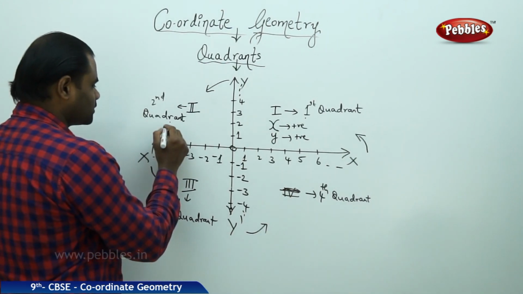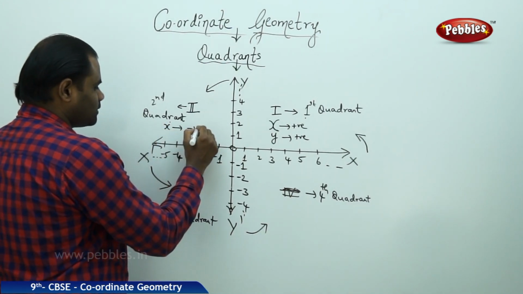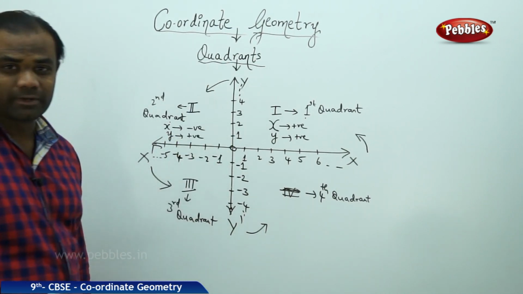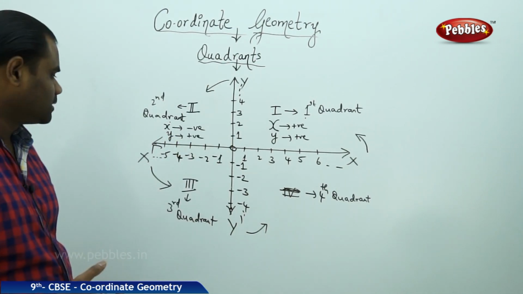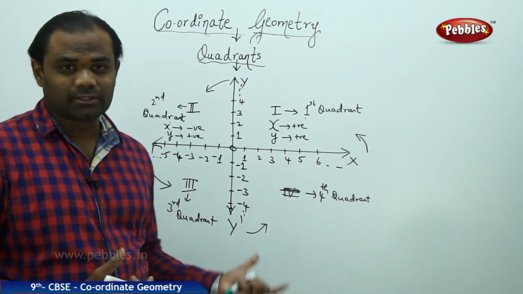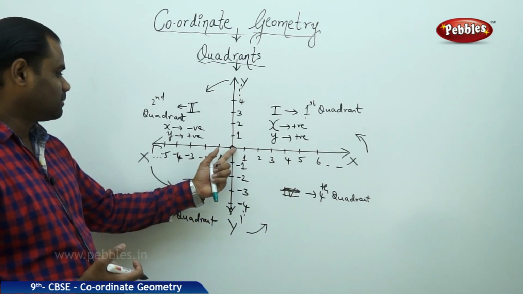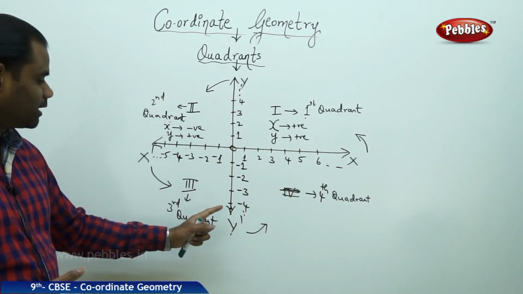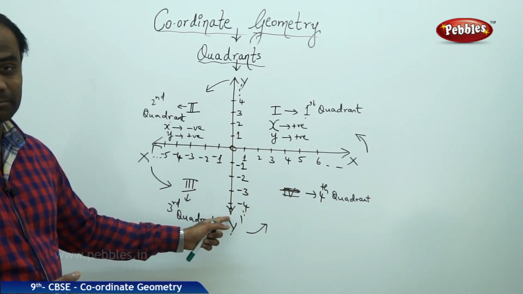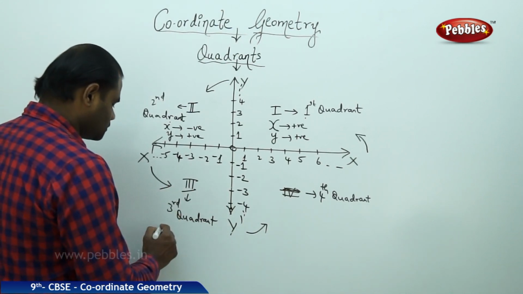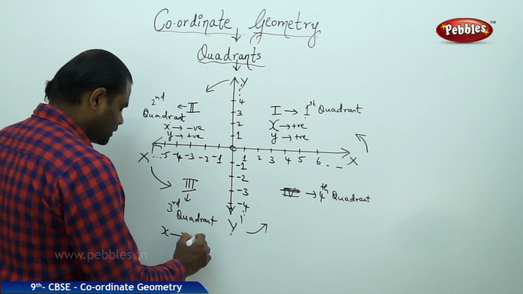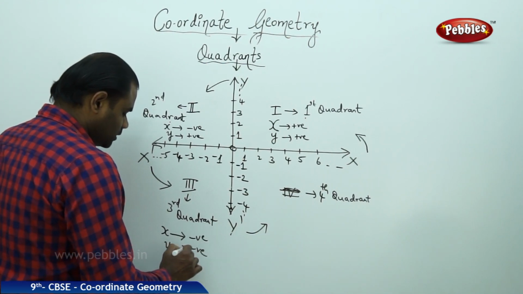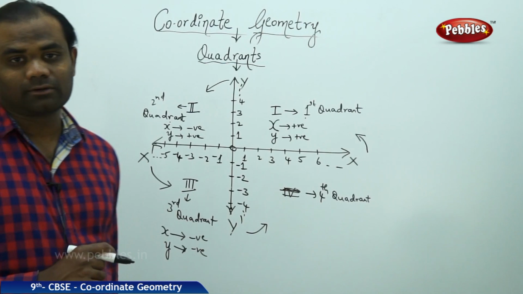Therefore, in my second quadrant, x is negative and y is positive. It's very simple. Similarly, in the third quadrant down here, my x values are negative and my y values are equally negative, as seen in this diagram.